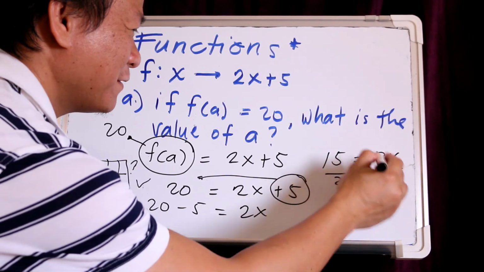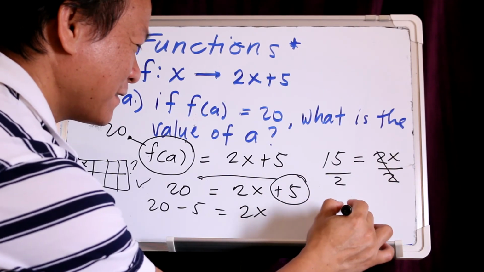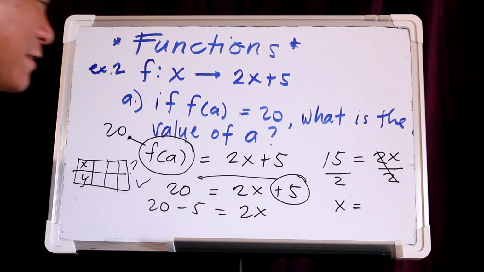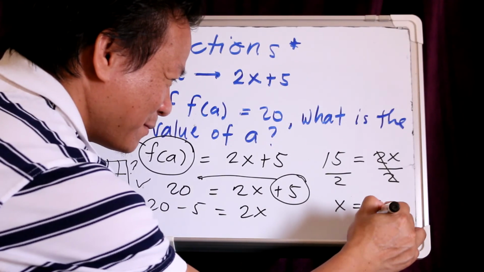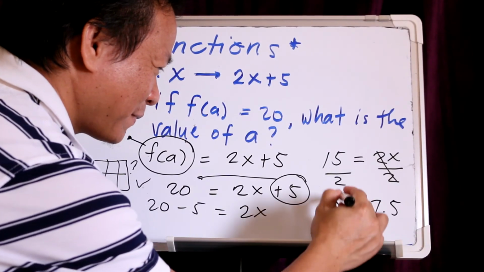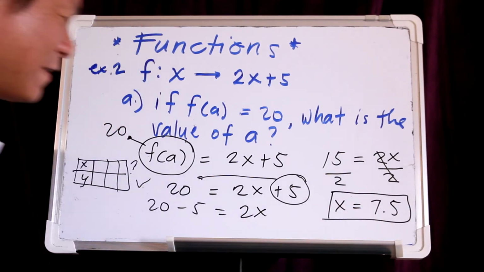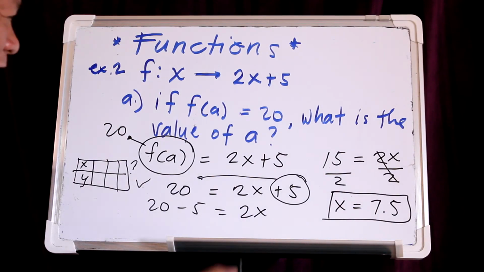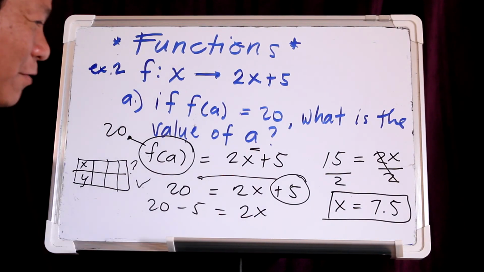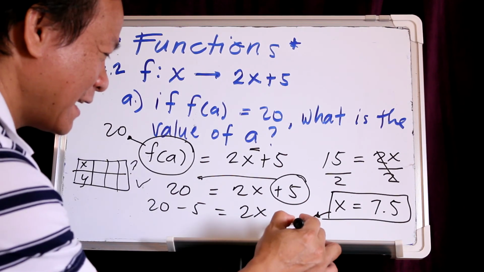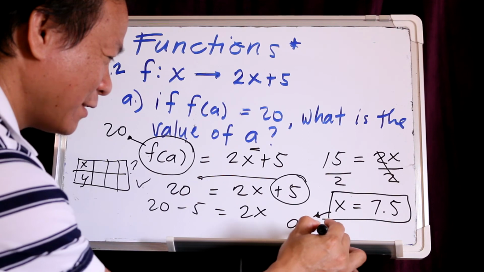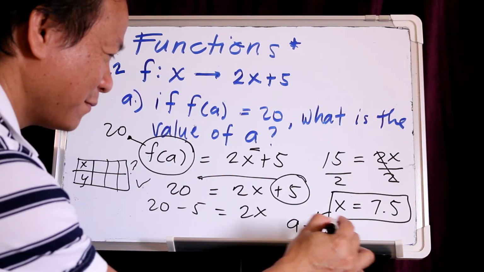The x would be equal to 7.5. Alright, so this means the value of a is equal to 7.5. So you can write this as a is equal to 7.5.